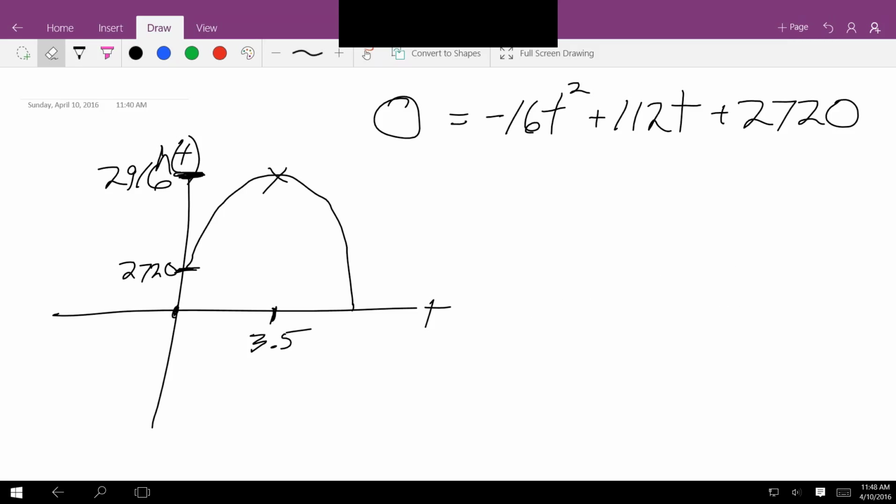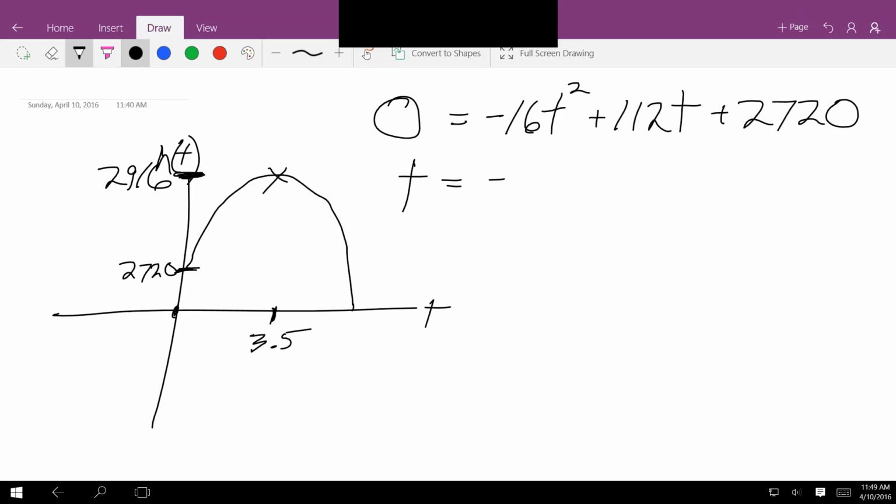Now, I would not attempt to factor this because it's pretty hard to factor. In other words, that might take me half an hour to figure out how to factor that. So I would go straight into the quadratic formula. Okay. I won't waste my time trying to factor it. What's the general formula?